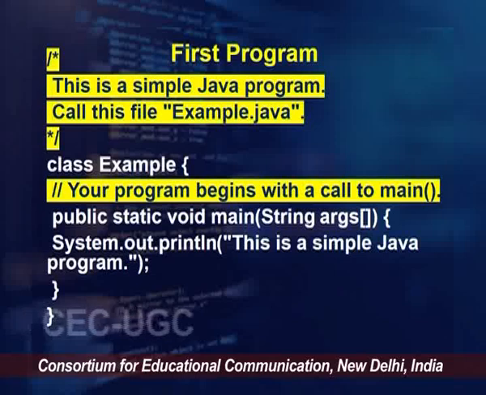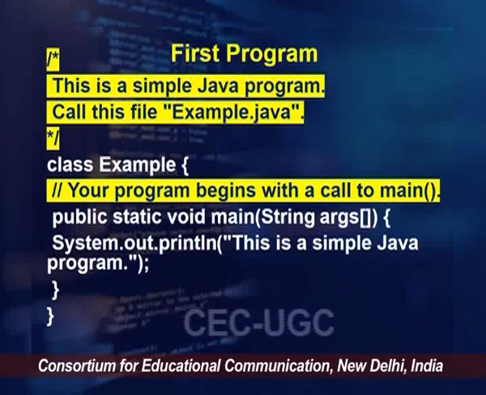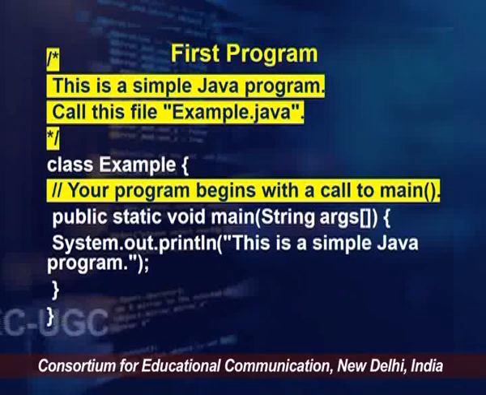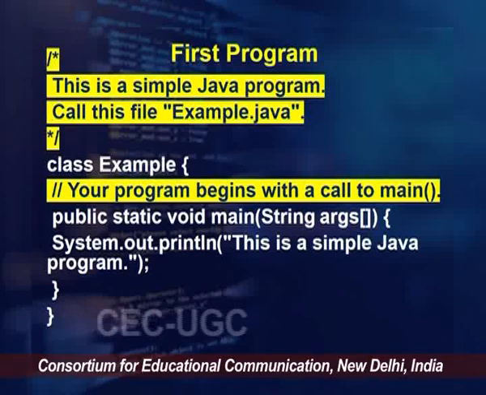So this first program says, this is a simple Java program. Call this file example.java, and this is highlighted in yellow color.